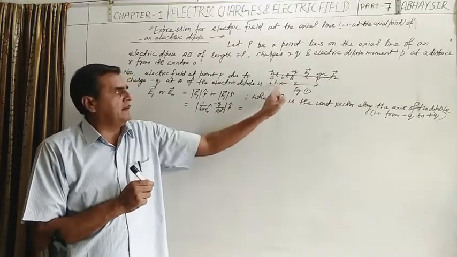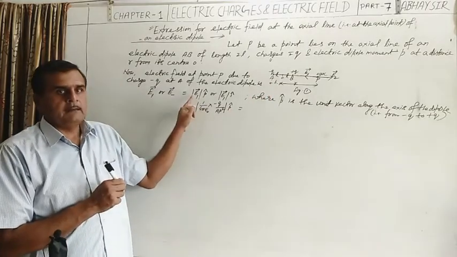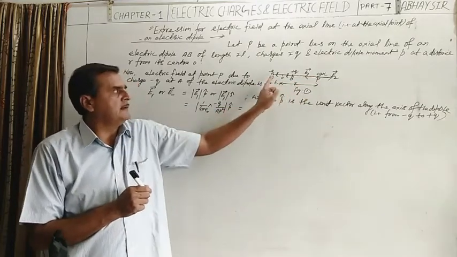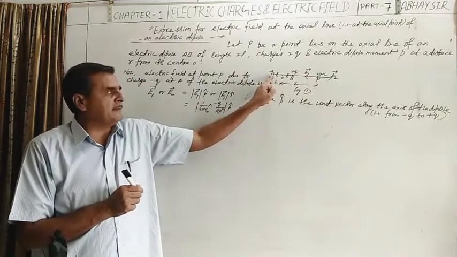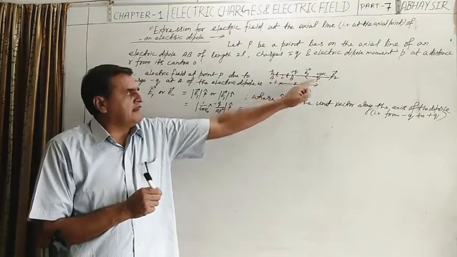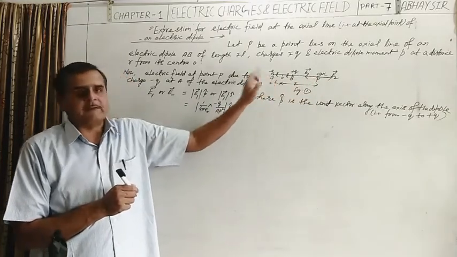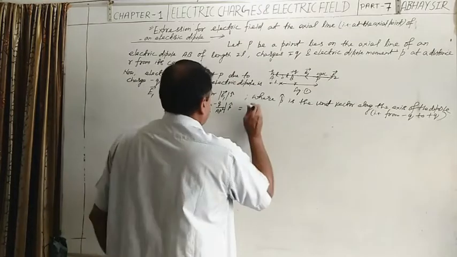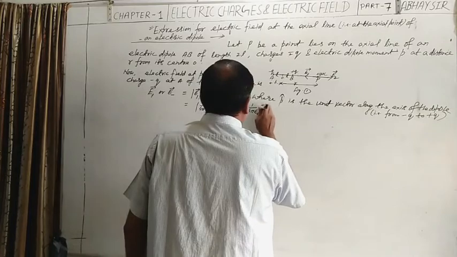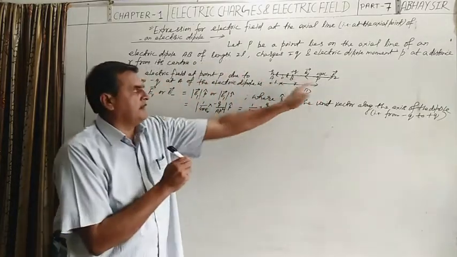Distance AP is L plus R or R plus L. E1 vector is the electric field intensity at point P due to point charge minus q of the electric dipole at distance L plus R from the point charge. And this equals 1 by 4 pi epsilon naught, q upon L plus R, distance AP.